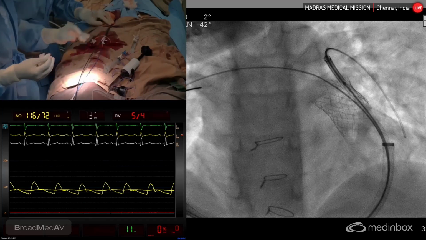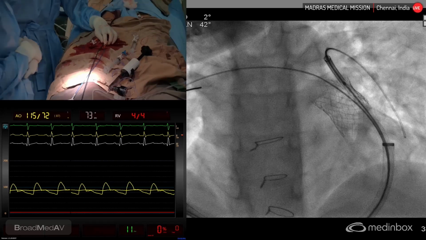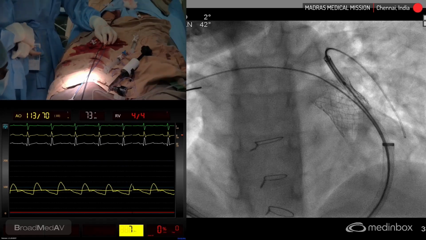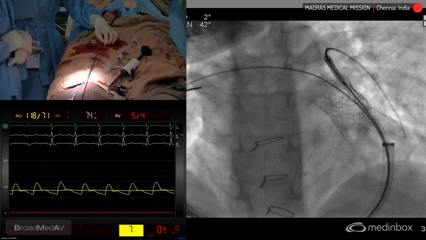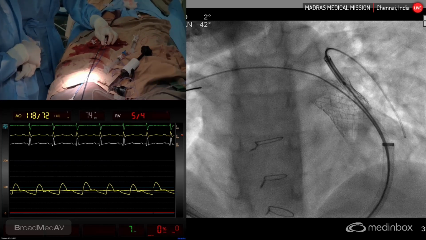This is going to be challenging because we have 7 and 7 going through a 14 French sheath.